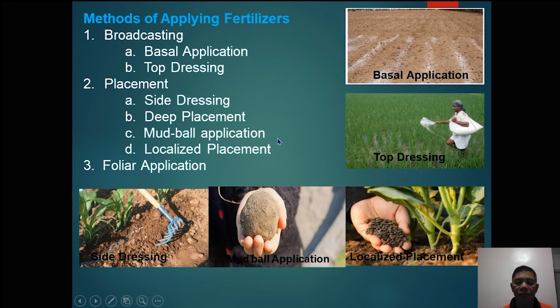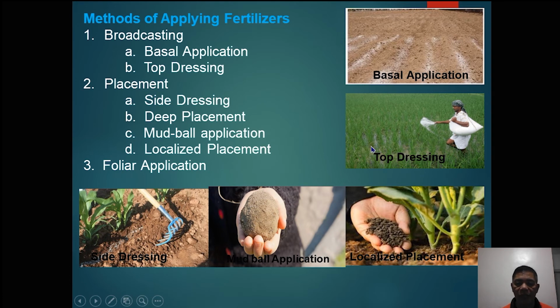Then we have mud ball application. Mud ball application is a method of applying fertilizer wherein there will be balls of mud like this one. Then the fertilizer material, for instance urea or complete fertilizer, is placed inside the ball of mud. Then this ball of mud will be placed in the field.